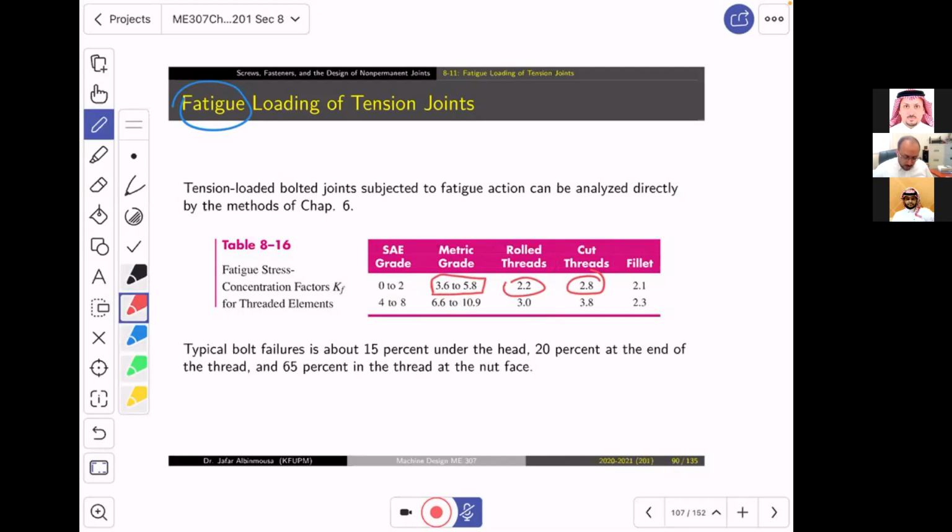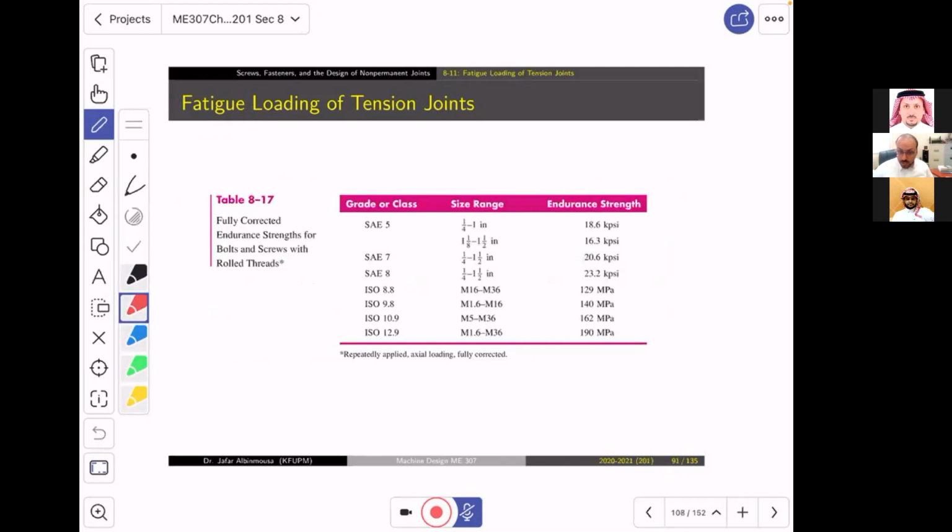Not only this, ya shabab, if you want the reality, there is an even more interesting thing, which is the fact that the fully corrected endurance limit is actually standardized or provided. So what is this? This is the fully corrected Se, which means it is KA, KB, KC, KD, KE, KF multiplied by Se prime.